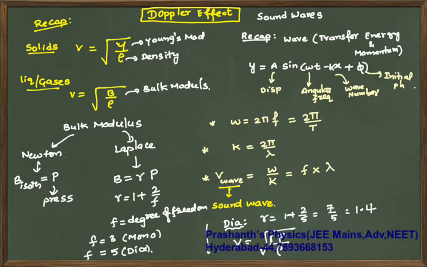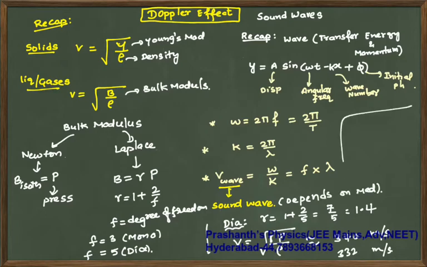Air mainly consists of oxygen, nitrogen, carbon dioxide. Combining all this, your velocity of sound is in some books 340 meters per second and in some books 332 meters per second. And this sound wave velocity depends on the medium and temperature also.